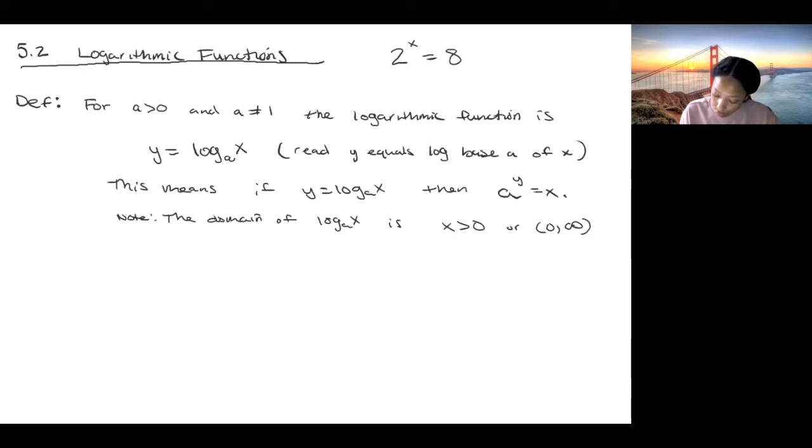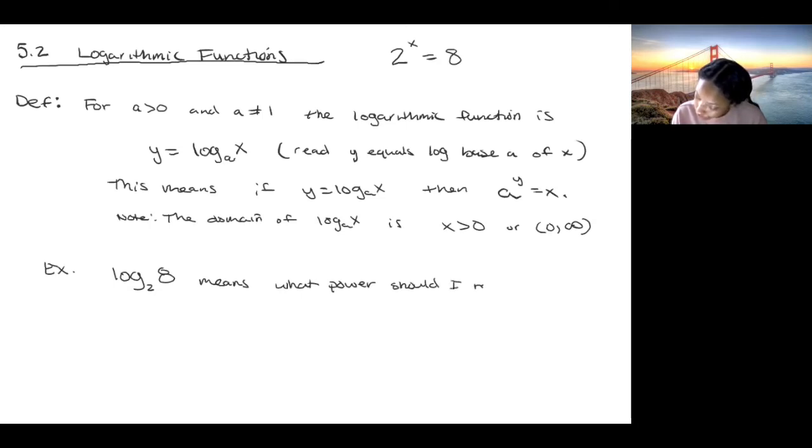The logarithmic form of that would be log base 2 of 8. So log base 2 of 8, what does this mean? It means what power should I raise 2 to in order to get an output of 8?